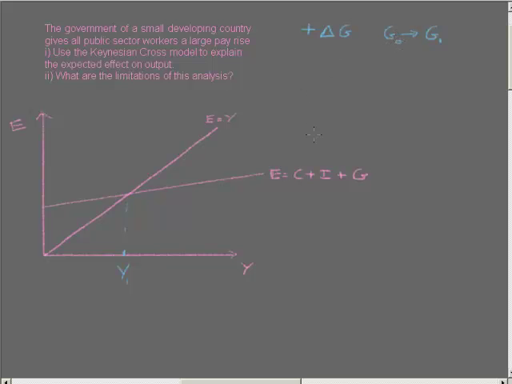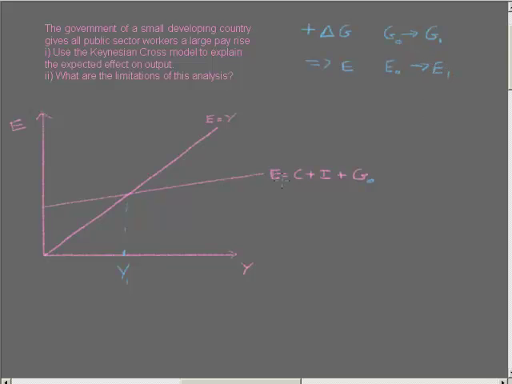And that means that if government spending increases, then expenditure will increase. That means we're going to have an increase in expenditure, and that'll go from E0 up to E1.